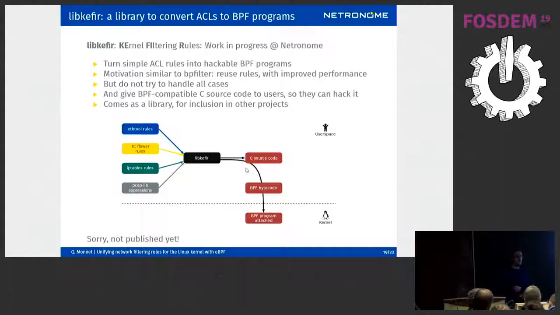So the idea is to present to someone who is not really familiar with BPF: here you have your rules, use the functions in this library to turn this set of rules into a BPF program, and then do whatever you want with it. Modify it possibly, or just inject it right now in the kernel, and hopefully everything works.